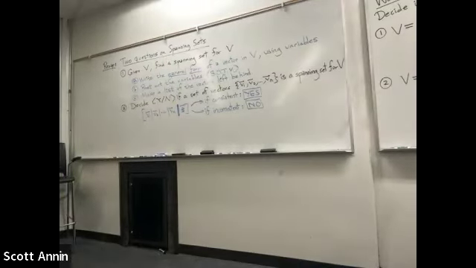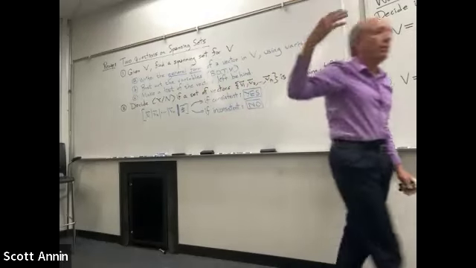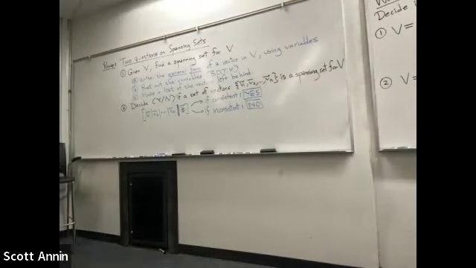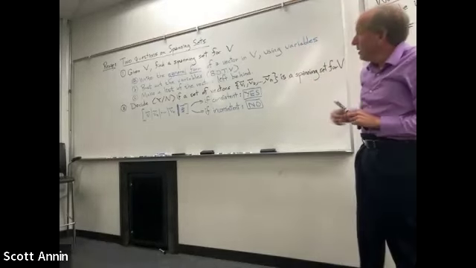So put it in terms of letters. Whatever variables you have, you can use those variables to express the general form of what any random vector in V would look like. Okay, so there's going to be some variables that you have to introduce there. Okay, that's the first step.